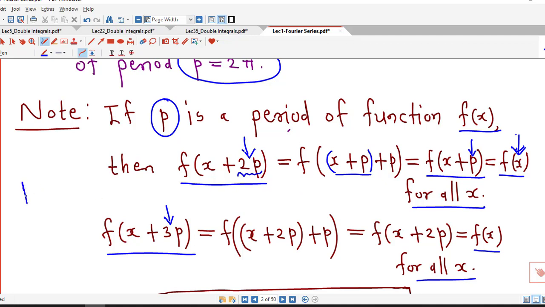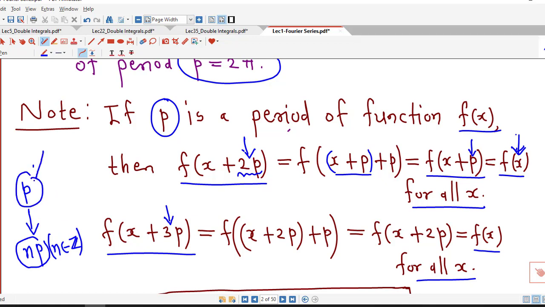So in general, if p is a period of f(x), then if we consider any integer multiple of p, n p where n belongs to Z, it is also a period of f(x).